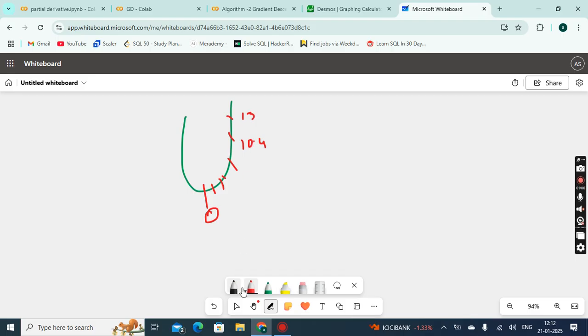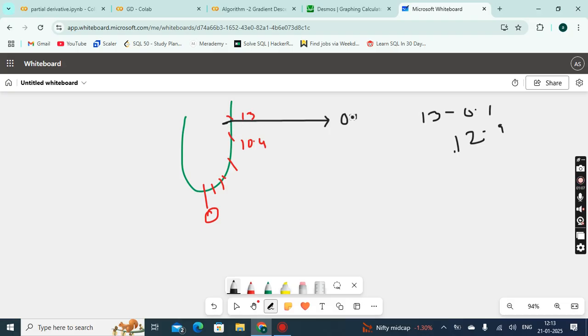So from 13, we have taken a random value, and then we have taken a small portion, in our case it was 0.1, I think, right? So if you minus it with 0.1, 13 minus 0.1 will be around 12.9, right? So my value was 12.9 at this position.